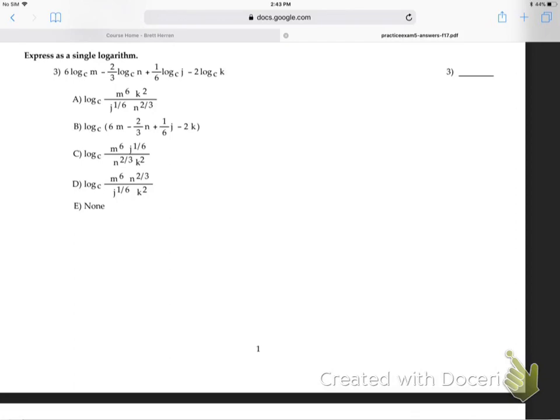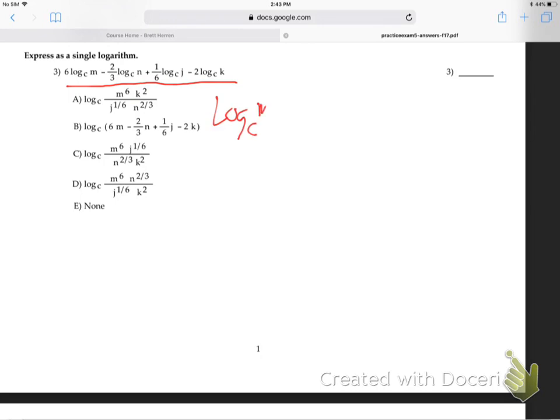All right, so we have 4 logs, added and subtracted. It's a big mess, isn't it? So the numbers that are in the front, where do they go? Like the 6 to where? Power zone, right? They're going to go up to the power. Remember, numbers in the front go to the power, back and forth. Remember that property? Not so much? All right, that's the first step.